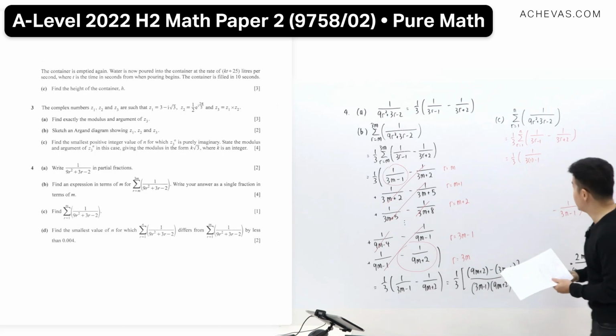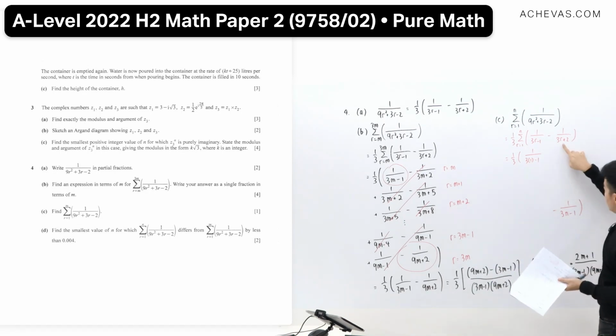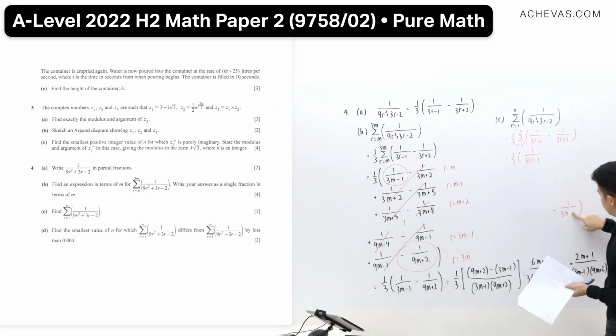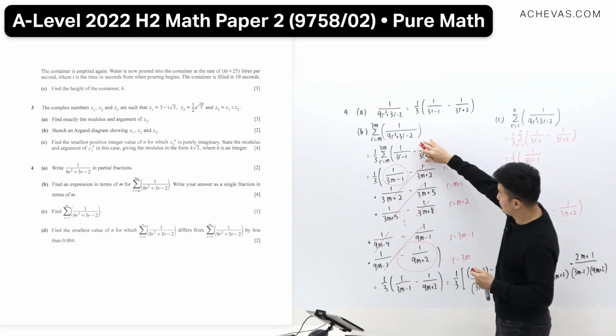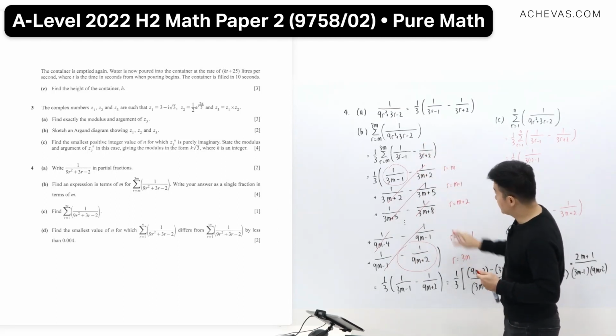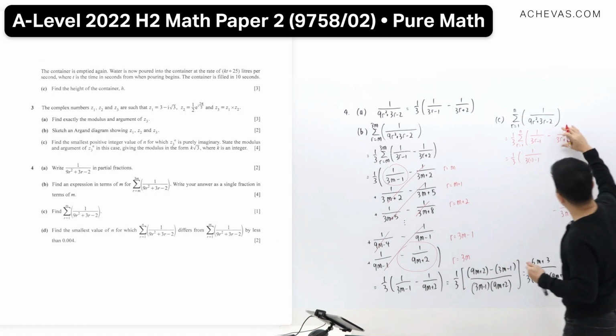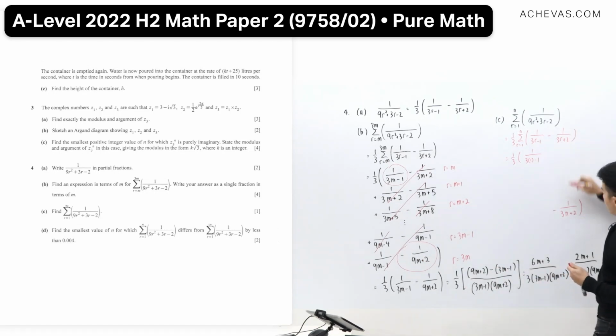Sorry, the last term is going to be 3n plus 2. So this is incorrect. So this will be 3n plus 2, because this very last term is going to be from here, where I replace this r by n.